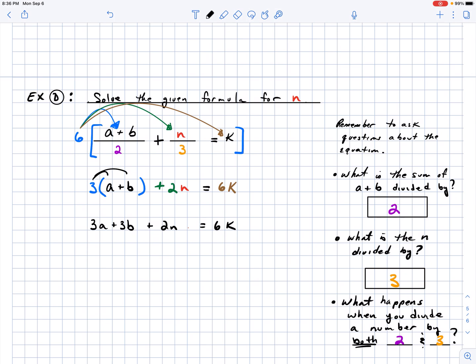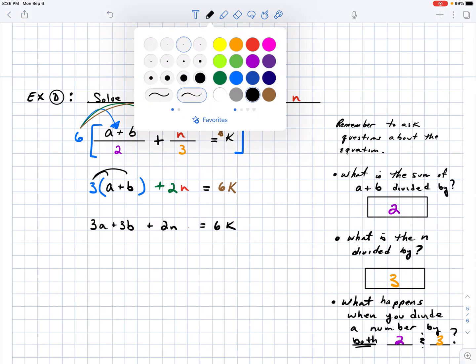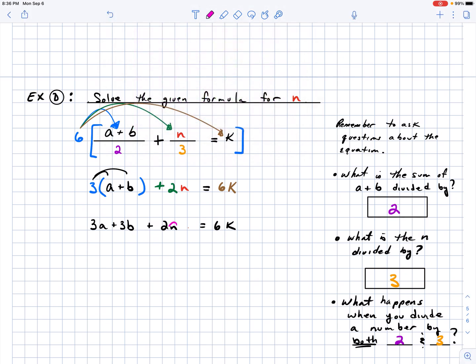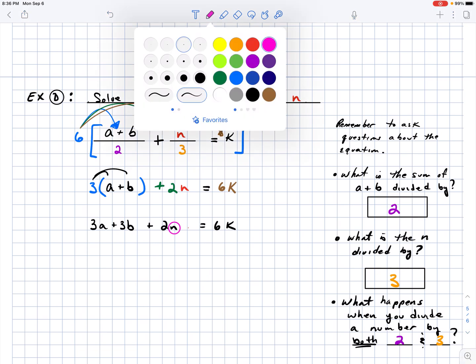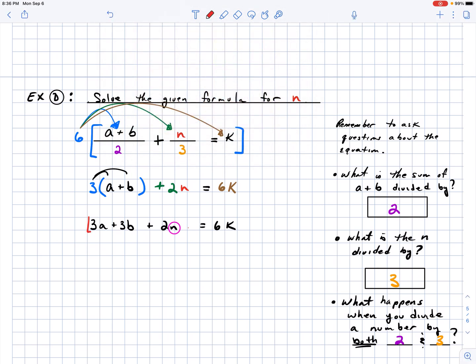But remember, what are we looking to get isolated or to get alone? We're looking for that variable right there to be all alone. That means we have to get rid of what? Well, we have to get rid of this 3a. Well, what's the sign on that 3a? It's positive. It's on the right-hand side.